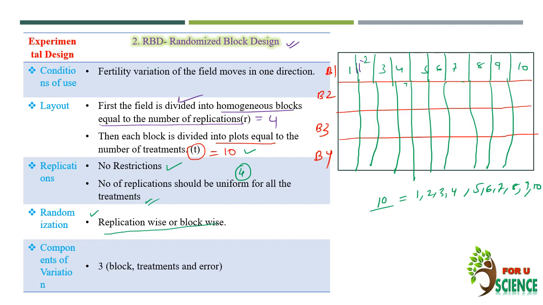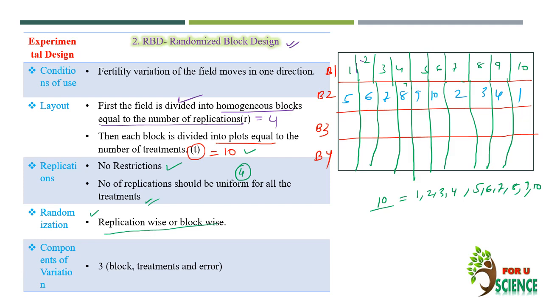Let's suppose here is the arrangement 5, 6, 7, 8, 9, 10, 2, 3, 4, 1. This way we will allocate all the treatments in all the blocks and we will have the design.